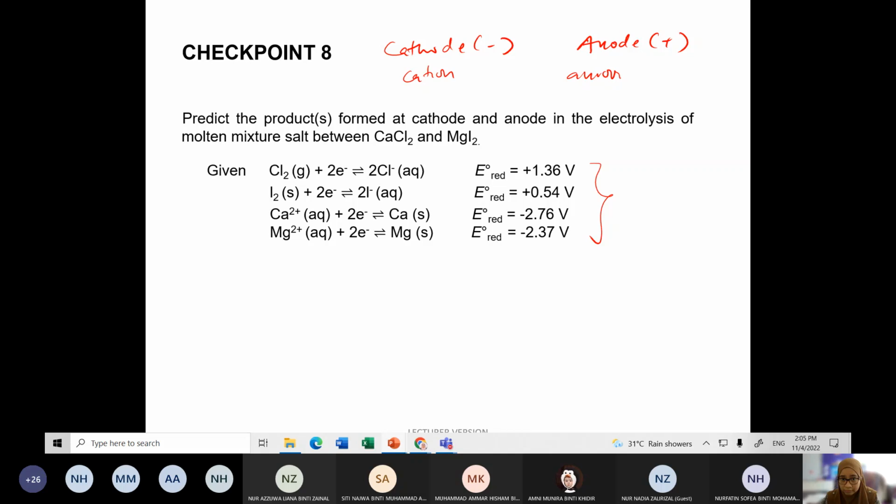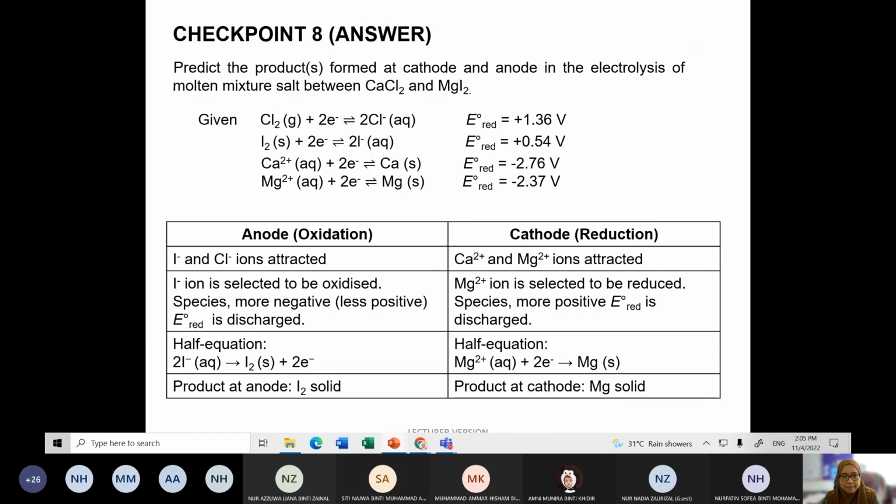And for the anode, it will prefer to discharge the species that has a less positive value or more negative value. Okay, just based on that. So let's look at the answer.